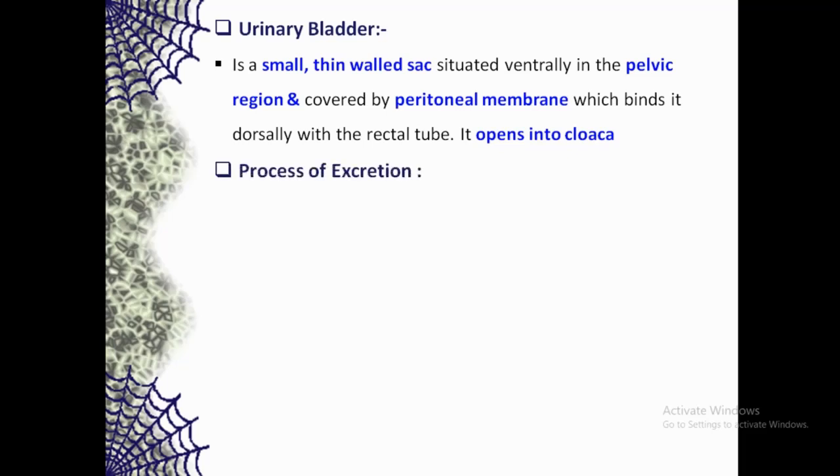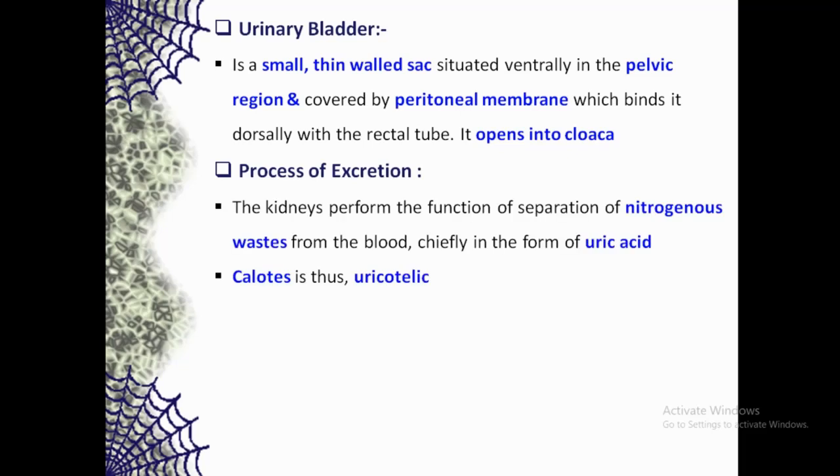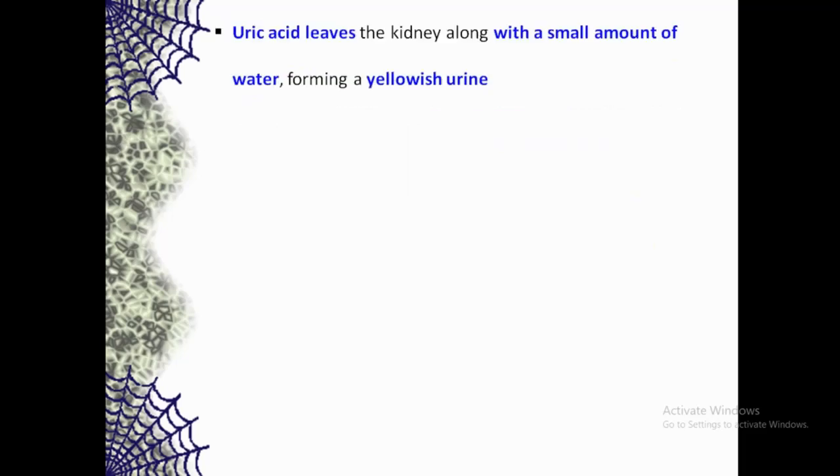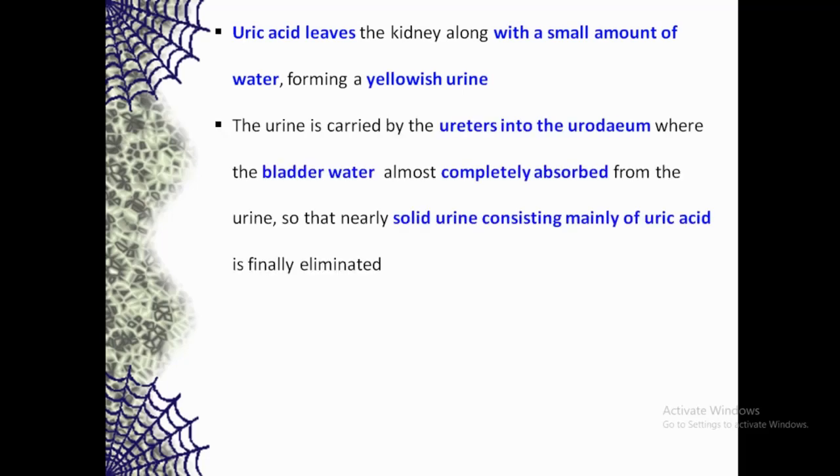The process of excretion. The kidneys perform the function of separation of nitrogenous waste from the blood, mainly in the form of uric acid. Thus, the Calotes is uricotelic. The uric acid leaves the kidney along with a small amount of water, and thus forms a yellowish urine.